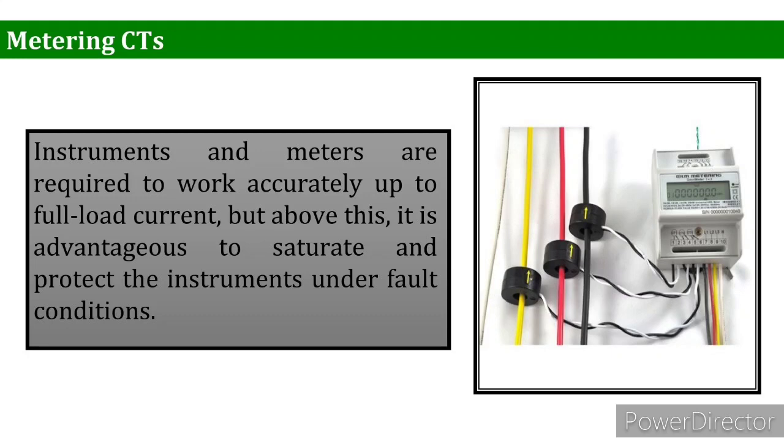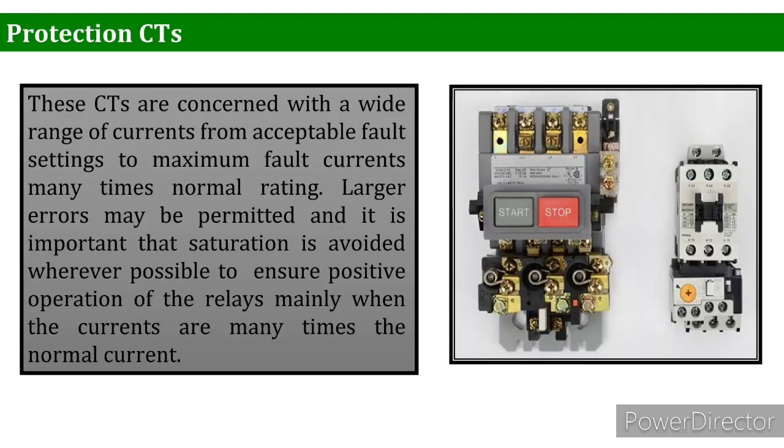Usually, for the current transformer, it's about 5 ampere to 1 ampere. Instruments and meters are required to work accurately up to the full load current, but above this, it is advantageous to saturate and protect the instruments under fault conditions.